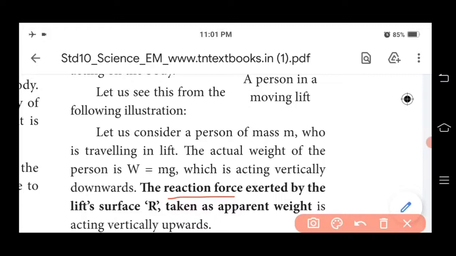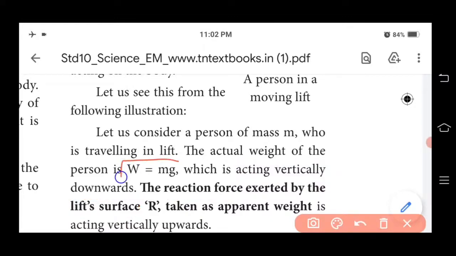So the reaction force exerted by the lift surface, very important, lift surface, R taken as apparent weight, is acting vertically upward. The weight equal to mg is acting vertically downward, and the apparent weight is acting vertically upward. These two conditions are very, very important.